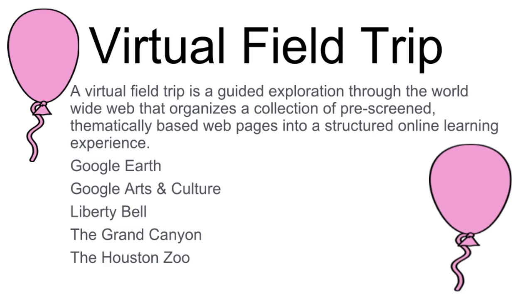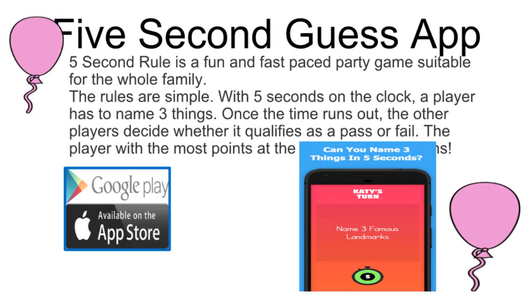Fourth question, yes or no, please explain. Last question, where would you like to go on your next field trip? And you could also add in there, what did you learn on your field trip? So those are just some ways you can use the activity, a virtual field trip.